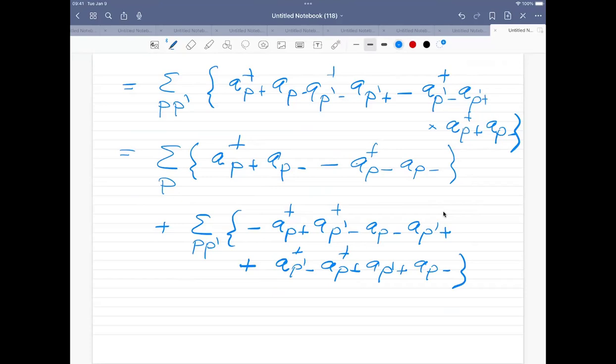I can simplify one of these terms here, and then when I sum this up, it is equal to a sum over p of a_p dagger plus a_p plus, and okay, so that's that one.